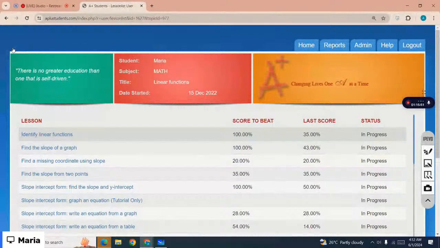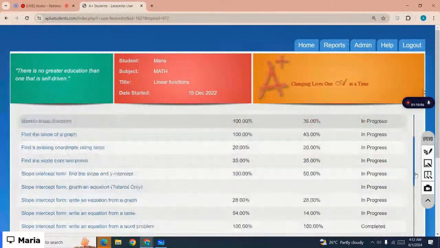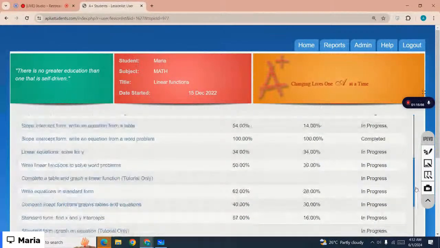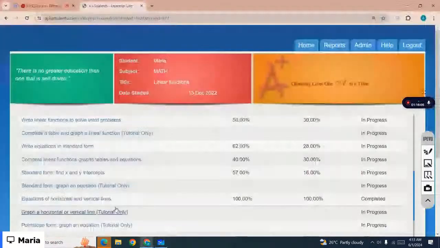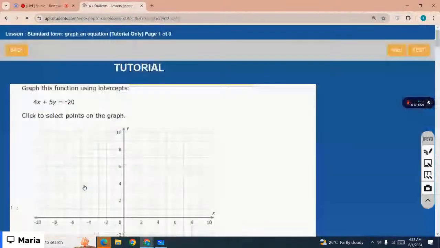The next lesson is standard form graph and equation. Okay, let's start with the lesson. Graph the function using intercepts.